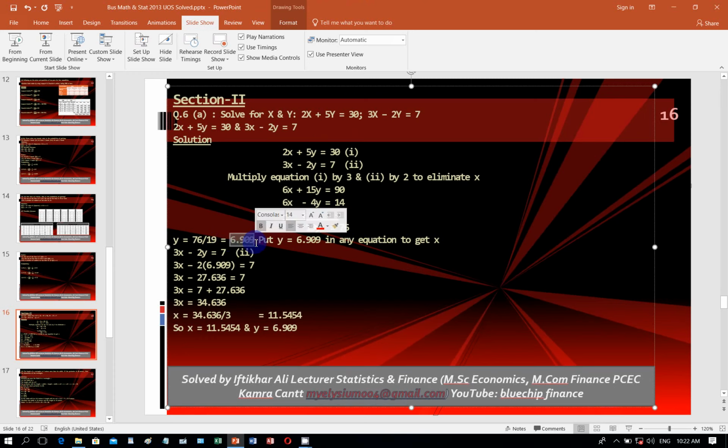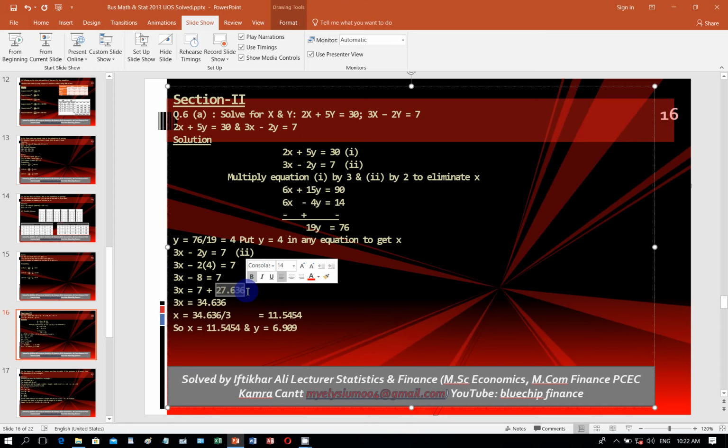So put y equals 4 in any equation to get x. For example, 3x minus 2y equals 7, 3x minus 2 multiplied by 4. So it will be equal to 3x minus 8. And this minus 8, when it goes to the other side of the equation, will become plus 8.